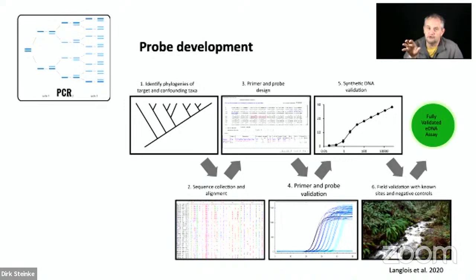So wherever you look, you have to look at the population differences of your particular target gene, so that your probe can bind to them all if you're interested in that. If you're interested just in a particular population, same story. You have to find a probe that fits perfectly. And of course, it needs to be within a target region. And very often in barcoding, you try to use CO1 for animals, for example.